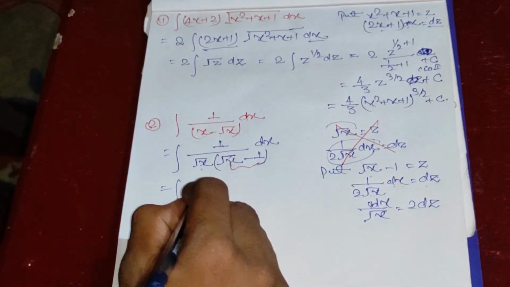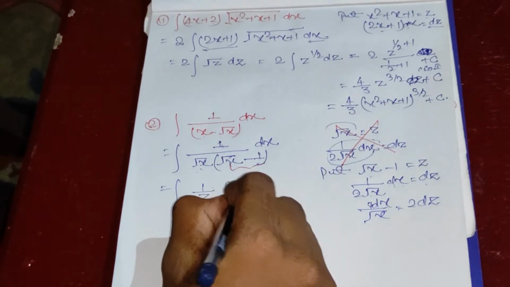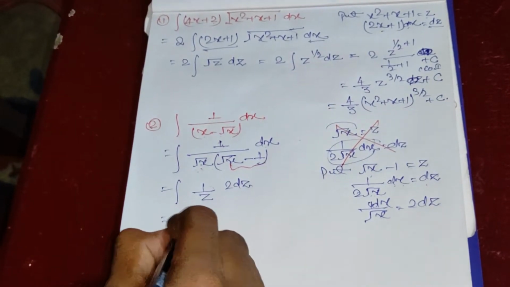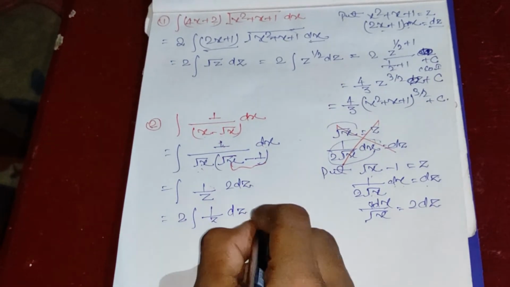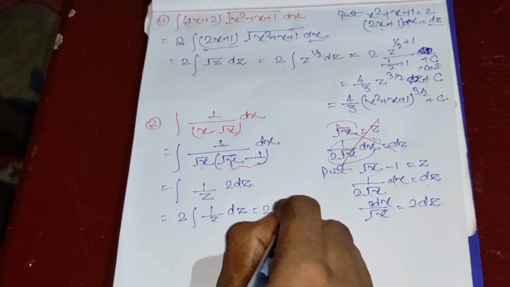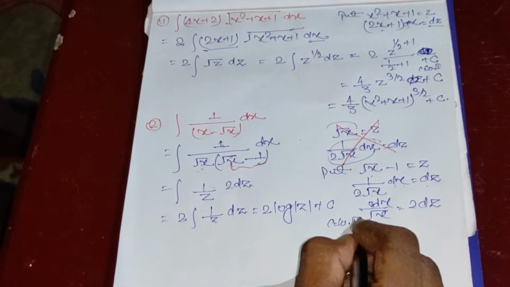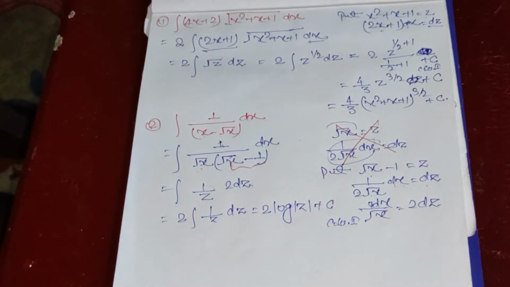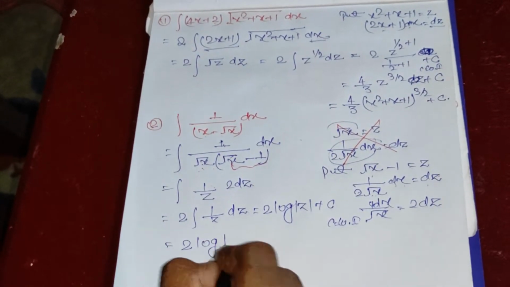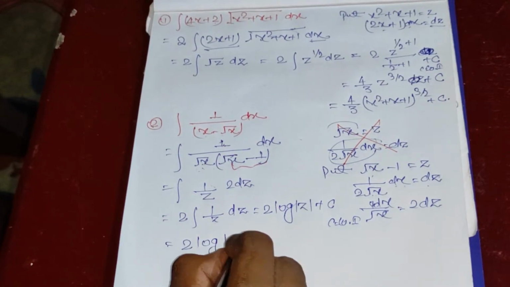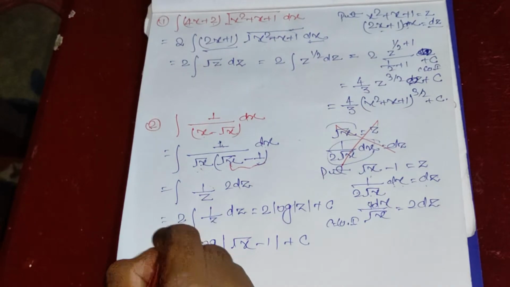This term we have assumed z, so it becomes 1 by z, with the 2 written outside the integration, dz. So it becomes 2 log of z plus c, where c is the constant of integration. Alright, finally we will replace this z by its original value, that is square root of x minus 1, plus c. So this is the final answer.